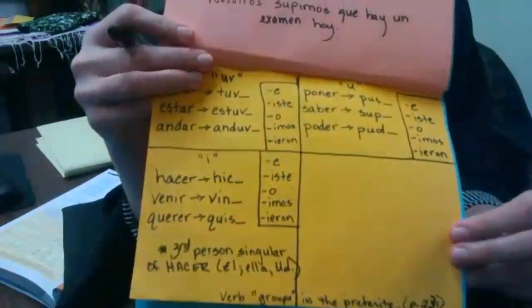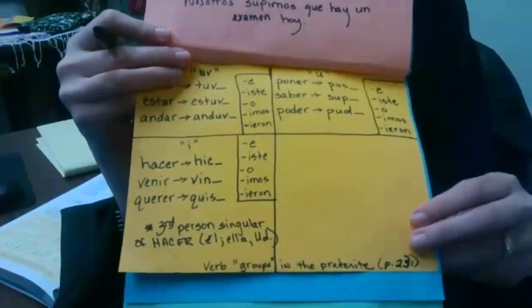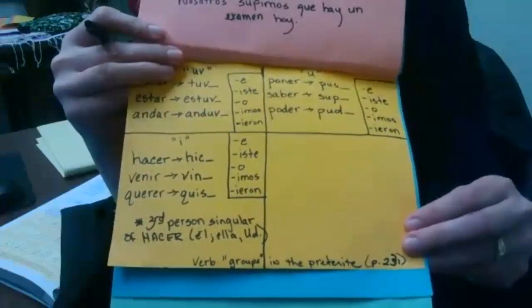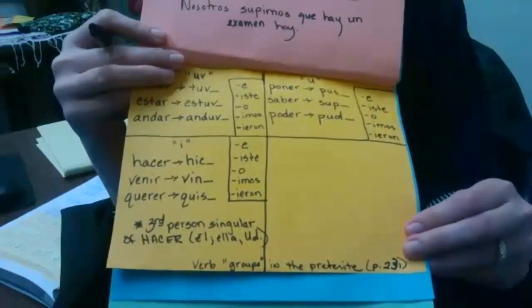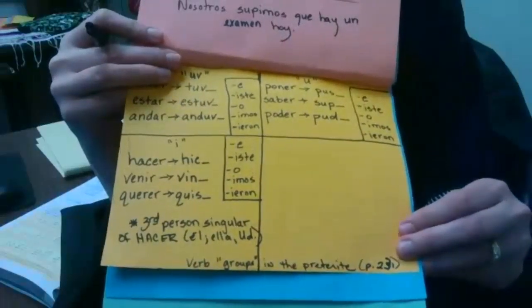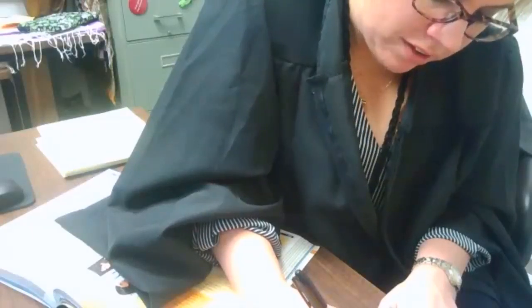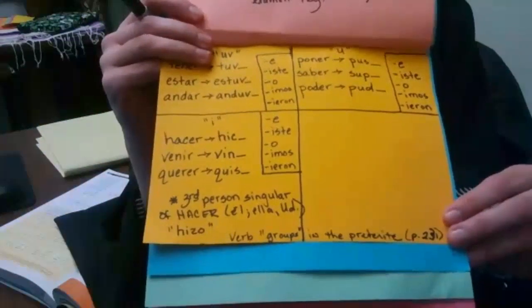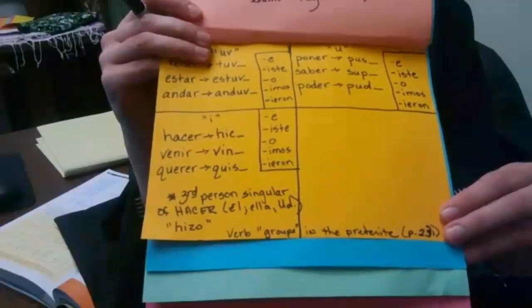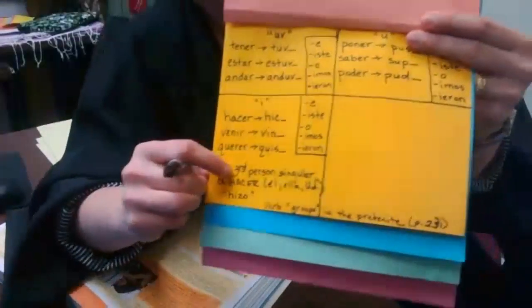We're going to say third person singular of hacer. Put a little asterisk mark next to it. So the third person singular of hacer, él, ella, and usted, actually has a slight spelling change. And that's going to become hizo, so with a Z instead of a C. So with that third person singular for the verb hacer, we're going to have it with a Z. See right here?